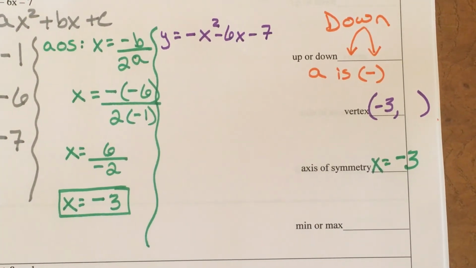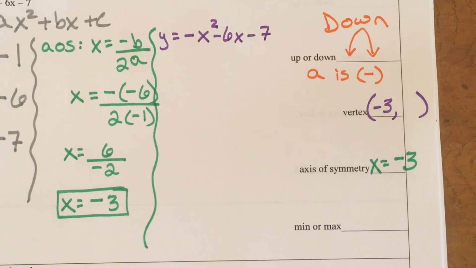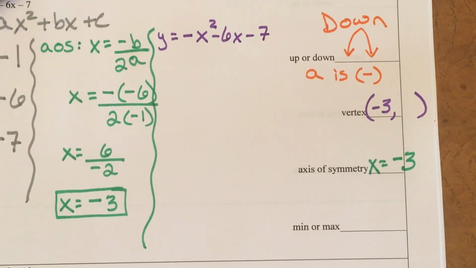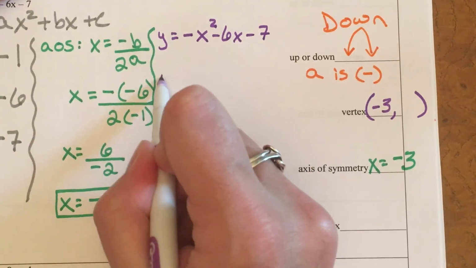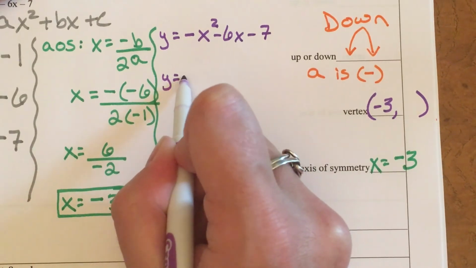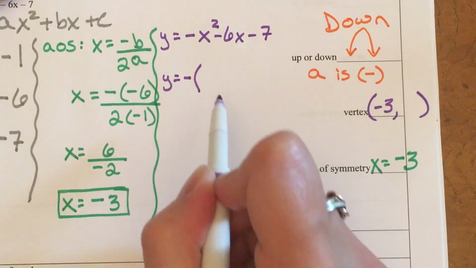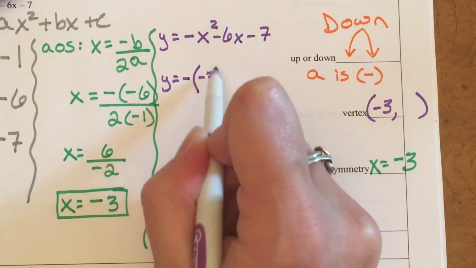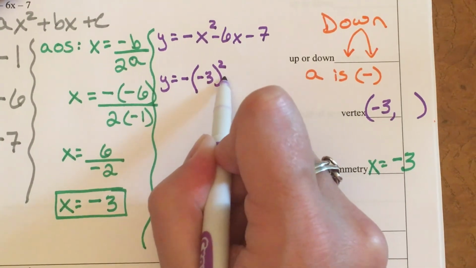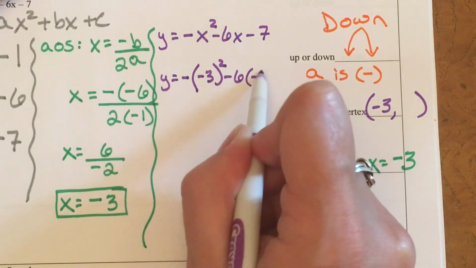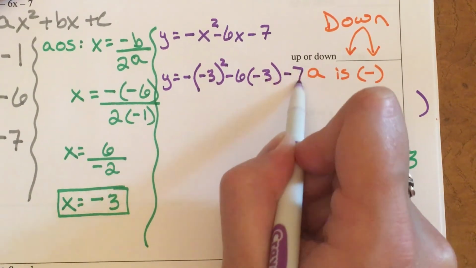So here again, we have this conversation about using parentheses. They're very powerful and they're very important. So negative parentheses negative 3 squared minus 6 times negative 3 minus 7.